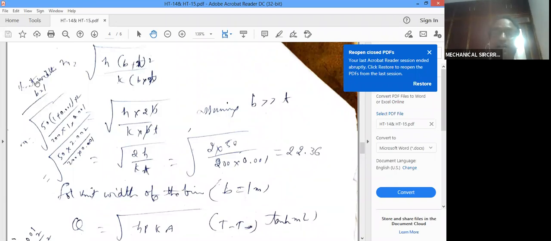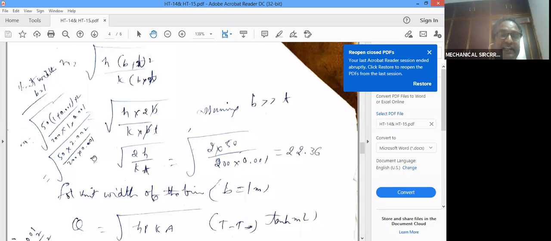Okay, here square root of hP by kA, P is 2 into b plus t, area b into t. Here b is 1 meter, thickness is very, very small. By assuming b is very much greater than thickness, you can neglect the thickness in the addition, that is a very minute value. That's why you can neglect the thickness in the top, that is h into 2 into b divided by k into b into t. b and b get cancelled.